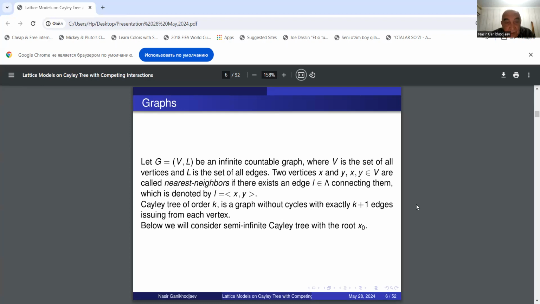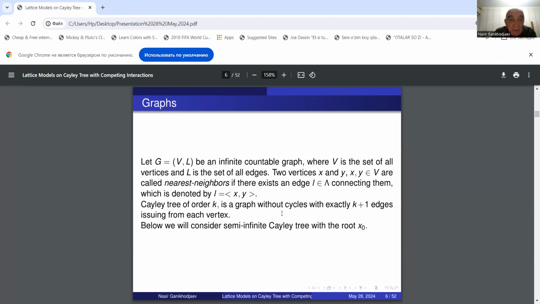Now we consider some infinite countable graph. V is a set of vertices and L is a set of edges. V is a countable set. Two vertices x and y we will call nearest neighbors if there exists an edge connecting them, and usually such nearest neighbors we will denote this way.